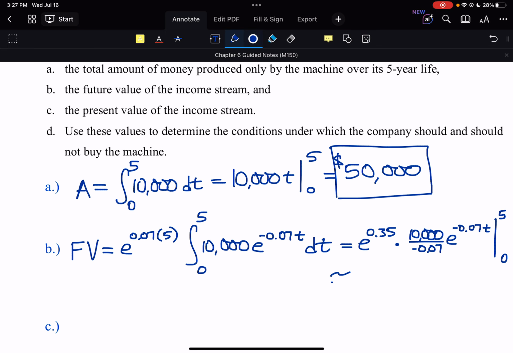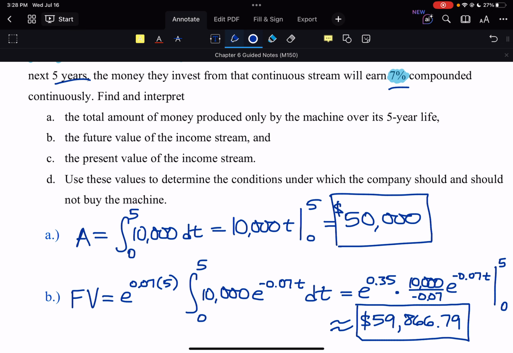And I'll go ahead and just cut to the chase on what that number is. It's approximately 42,000. Oh no, it's not. Sorry. I'm looking at the wrong spot. 59,866.79. Okay.